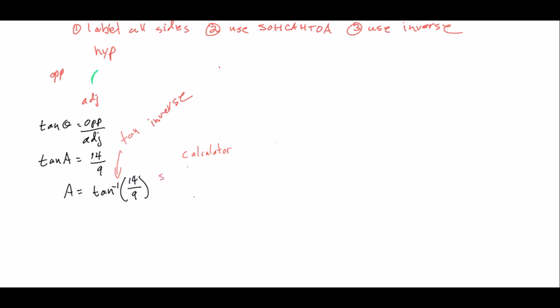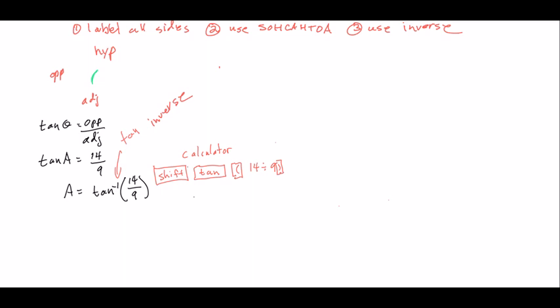We're going to write shift. We're going to hit the tan button to invoke the inverse, and then we have to use brackets to surround our information, and then we go 14 divided by 9, end bracket.